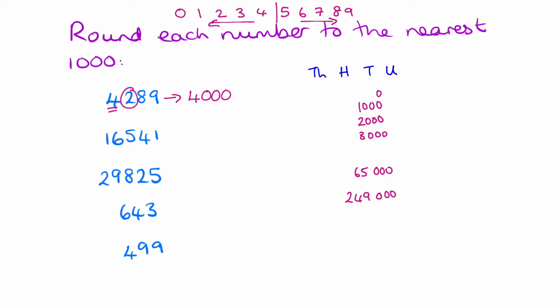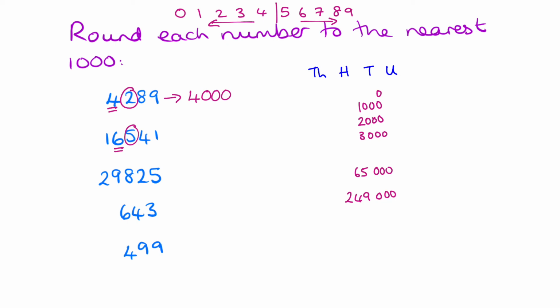The next one, 16,541. So to identify the thousands digit, it's the 1, 2, 3, 4th one in there. So it's the 6 that's the thousands digit, and the 5 tells us whether we leave it as a 6 or whether we change it to a 7.